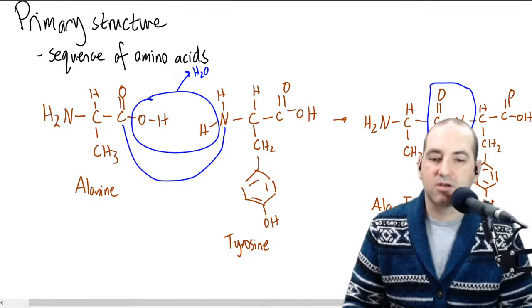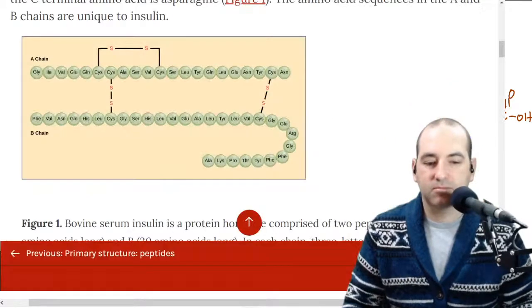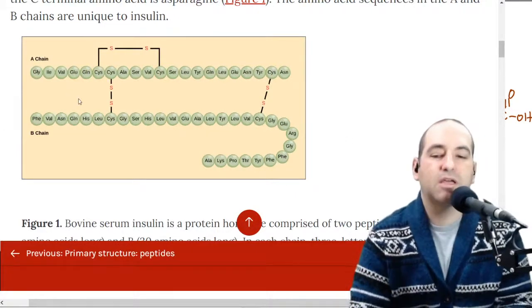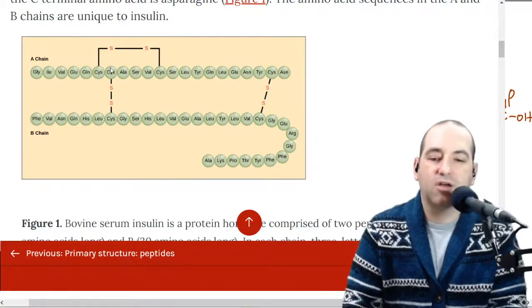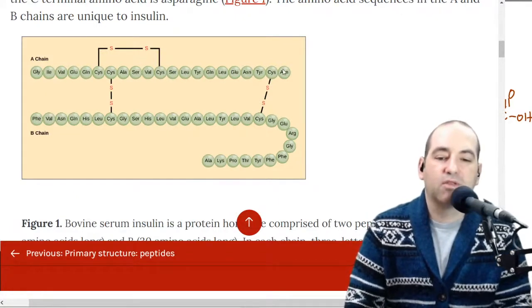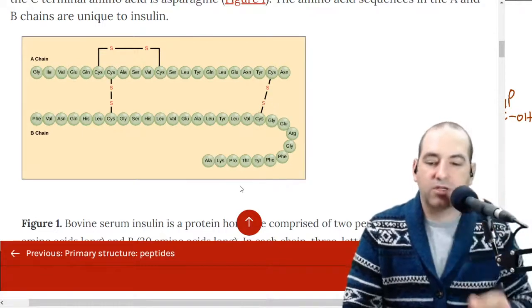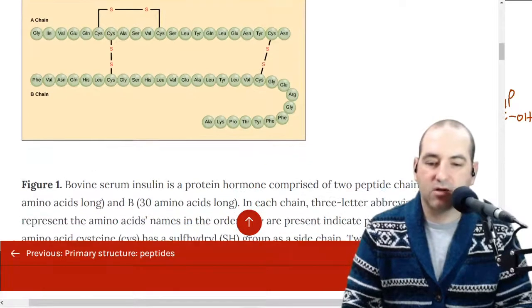All right. So this is, oh, sorry, I'm going to change my view again. So this is the picture from the book again. Here's an example of zooming in on that primary structure, where we have a whole bunch of amino acids linked together in a particular order. In this case, this is bovine serum insulin.